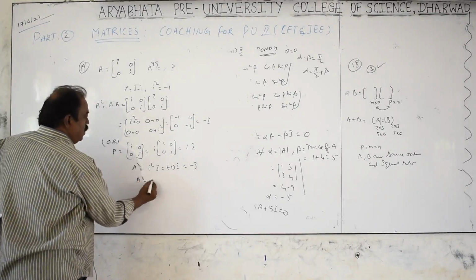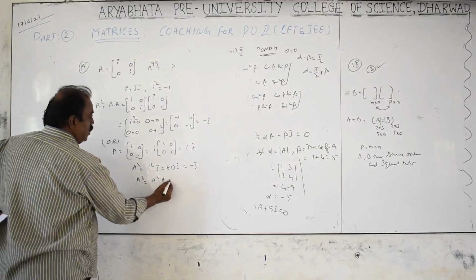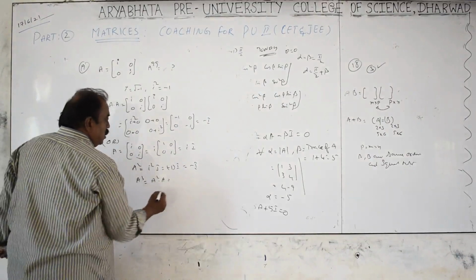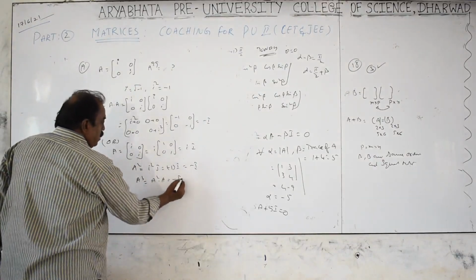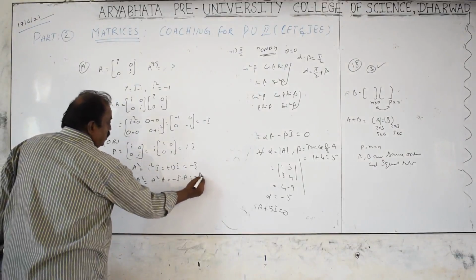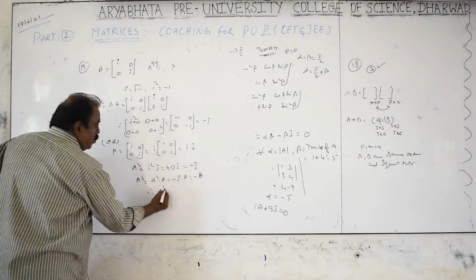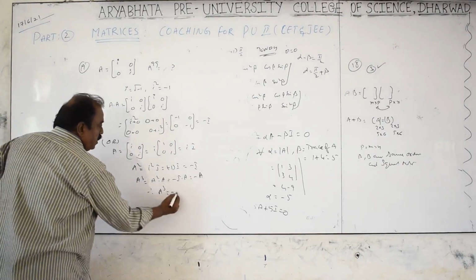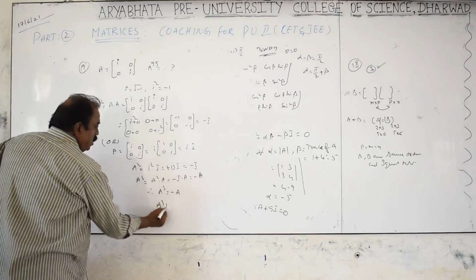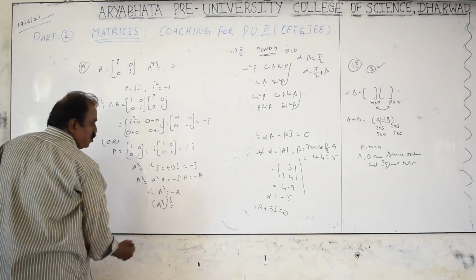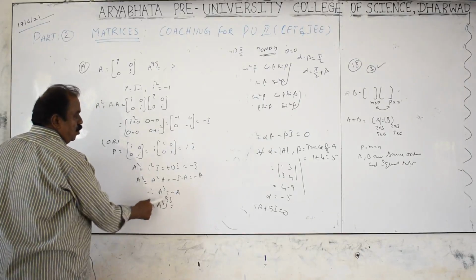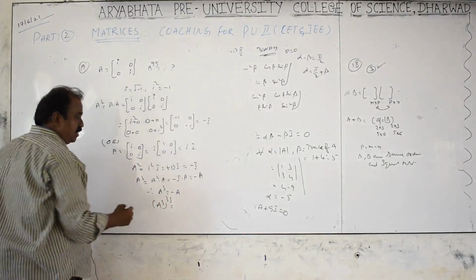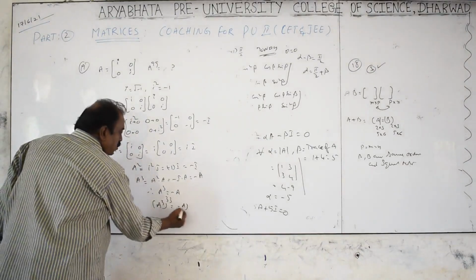Then A cube means A square into A. A square means already we know minus I into A. That is minus A. Here you have to observe. A cube means minus A. A cube whole cube means A cube whole power 33. We are asked 99.